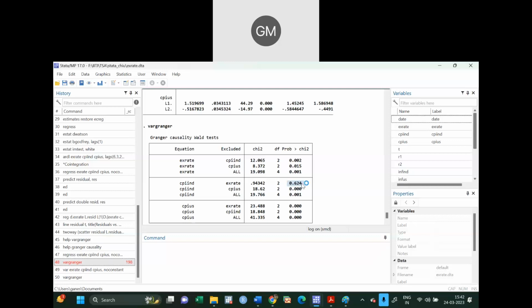Except for this, causality is working fine, and the equation we are interested in is the effect of consumer price indices on the exchange rate. So exchange rate precisely we are considering to be the dependent variable. So that's fine. Even in the case of Granger causality, it's clear.